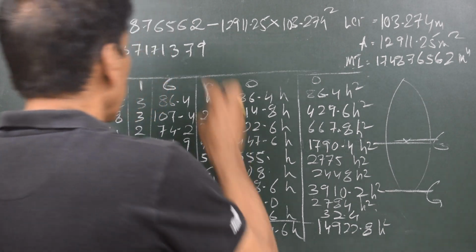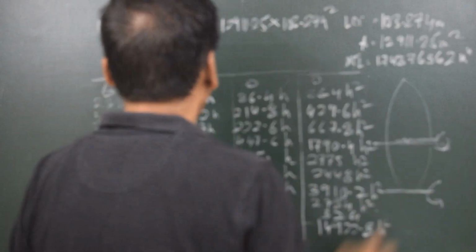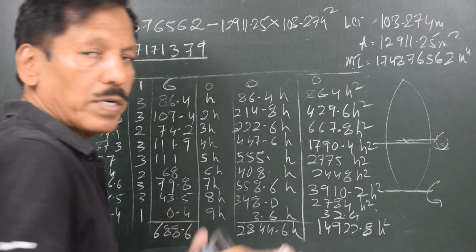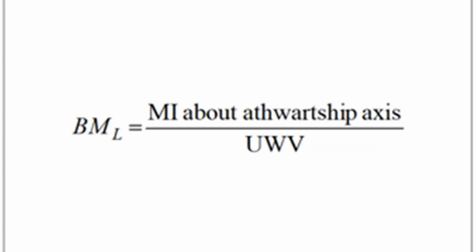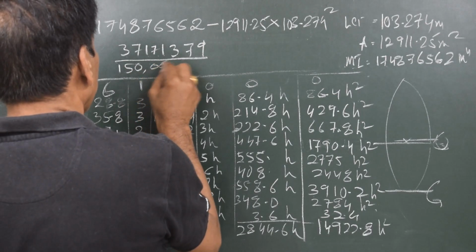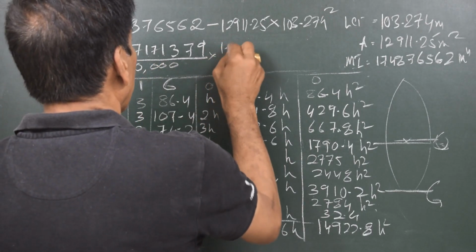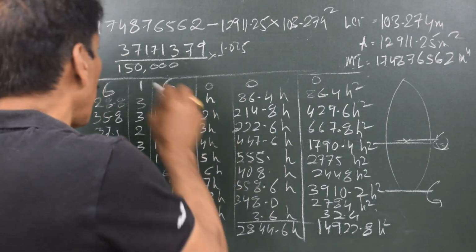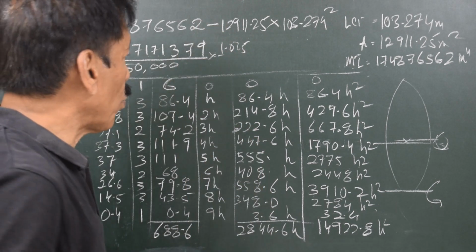This is the moment of inertia about this axis, and this is divided by the underwater volume. So displacement was 150,000, but since I need the underwater volume, I would write 150,000 divided by 1.025.